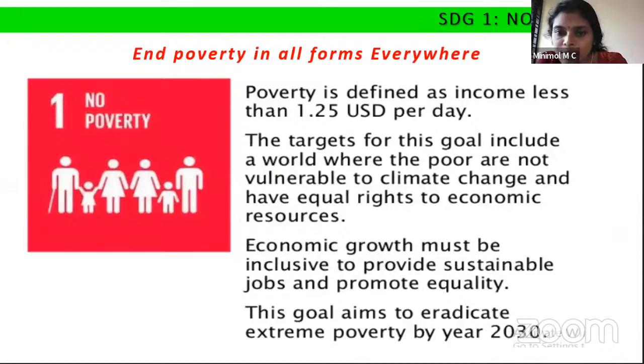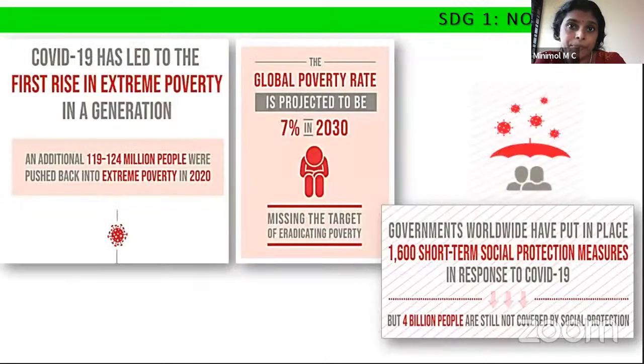The goal also aims to have economic growth in countries which must be inclusive to provide sustainable jobs and promote equality. And it ultimately aims to eradicate extreme poverty in the world by the year 2030.